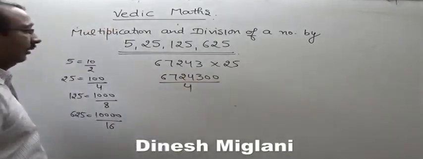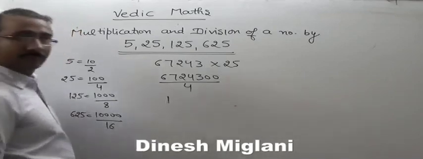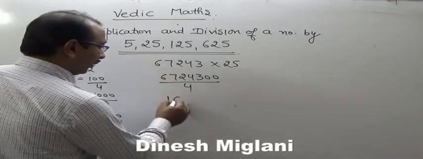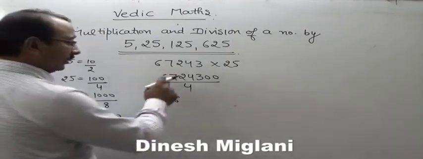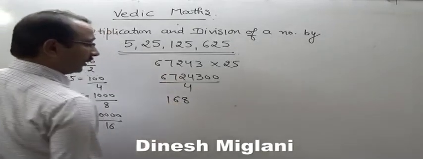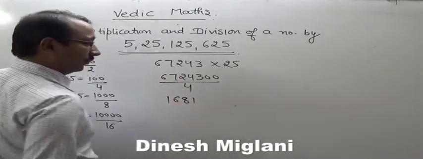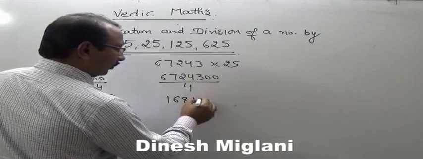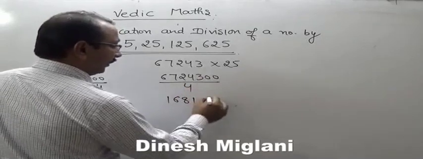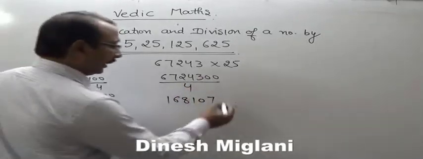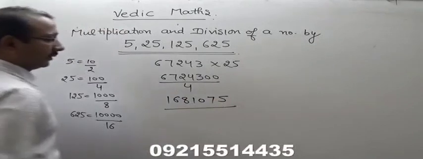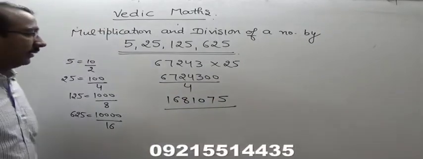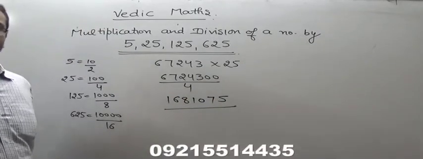Now solve it. 4 will go into 6 once, 4 into 27, 4 into 32, and so on. So the answer is 1681075.